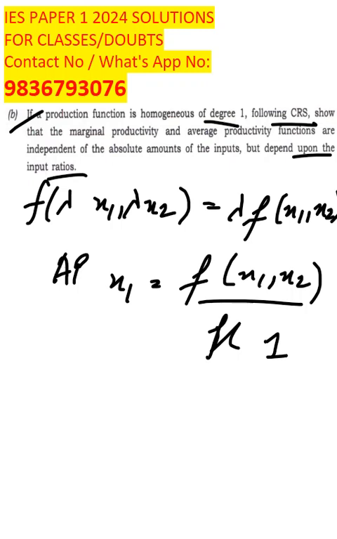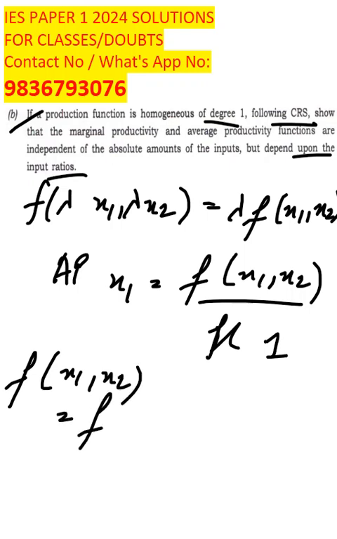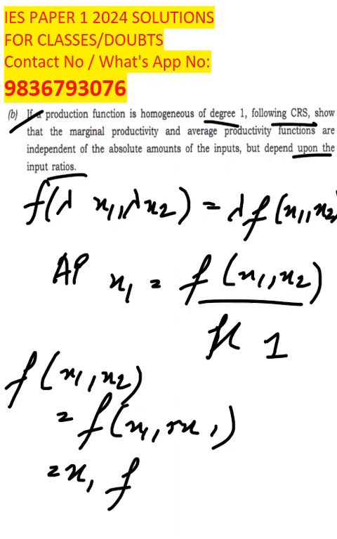Here we want to show that if x2 by x1 is the input ratio, r, then f(x1, x2) will be f(x1, r x1), so that is x1 f(1, r) by homogeneity.